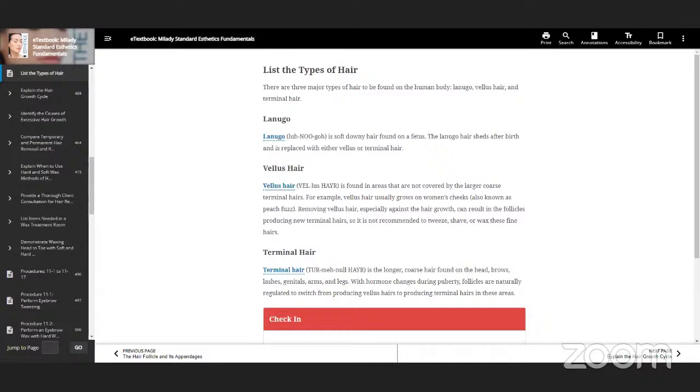Can somebody give me that the way that you understood it? Somebody give me that about vellus hair. I think what you're saying is, for example, the hair on the face, the little hair that you can barely see, but you could see it.